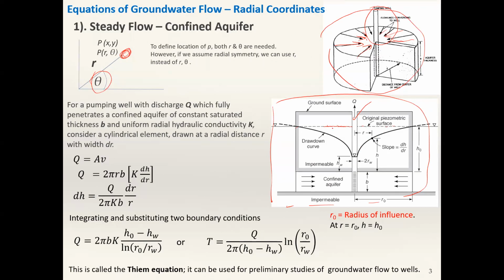For example, in the beginning, this is the original groundwater piezometric head. Why do I call it the piezometric head? It is because here we are talking about a confined aquifer. In the confined aquifer, this piezometric head is something you cannot see physically, right? Piezometric head is equal to the pressure head plus the elevation head.